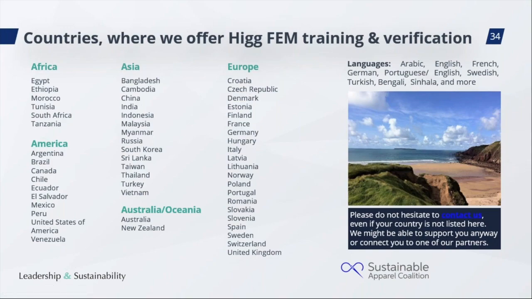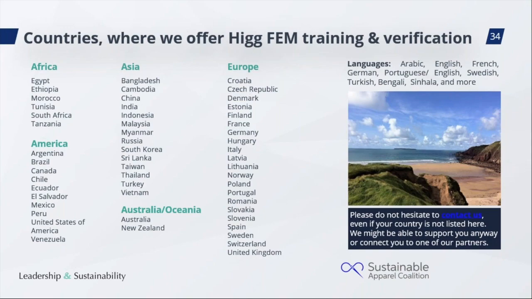And also, of course, now it's running towards the end of the year. If you haven't planned for your verification yet, you don't have that much time left. But for next year's cycle, please plan for the verification early enough. We have seen that there are a lot of factories who want to do the verification towards the end of the year.